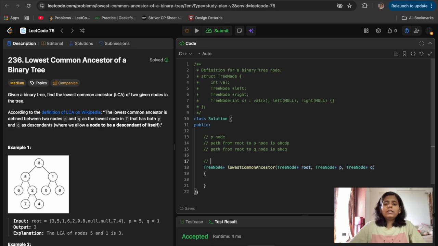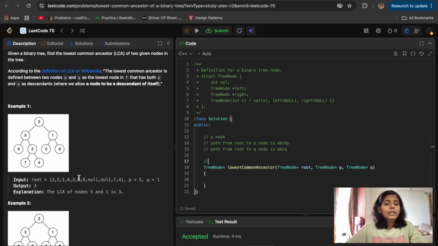I took this as a string format, but let's take the first example. They have said 5 and 1, so P is equal to 5 and Q is equal to 1.